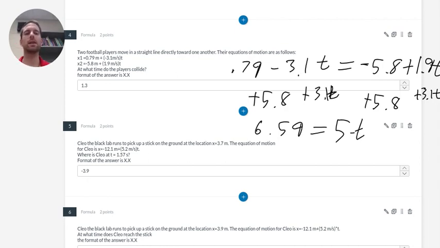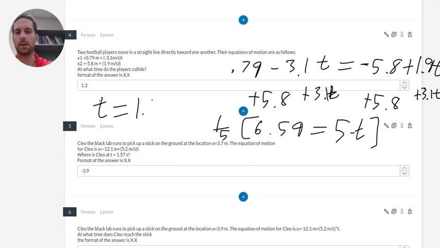I'm going to divide both sides by 5. And this is going to give me my answer, I think. 6.59 divided by 5, 1.318, and that's x.x, so time is 1.318 seconds, or just 1.3.